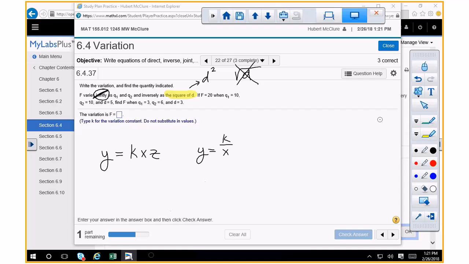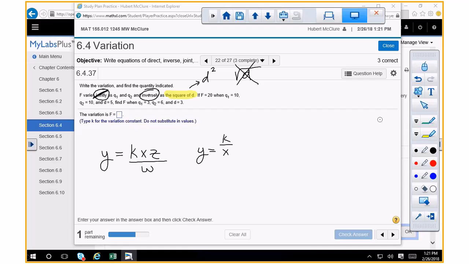K over x, right? So that means I'm going to have another variable under here, and I'm just going to call it W. All right? See, they're integrating two. They're doing jointly, and they're doing what? Inversely. So you need to make a note of that. When you see it, just don't put another X down there, because then you're going to think to cancel it out, and then you're going to be totally messed up. So make sure you put a different variable down there.